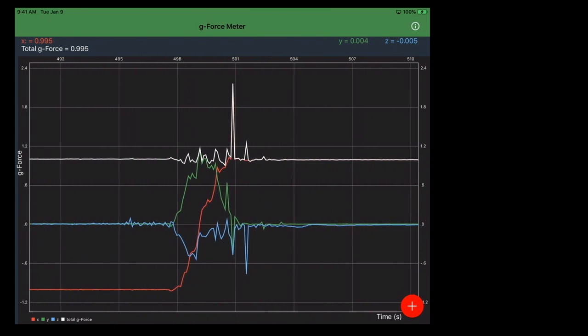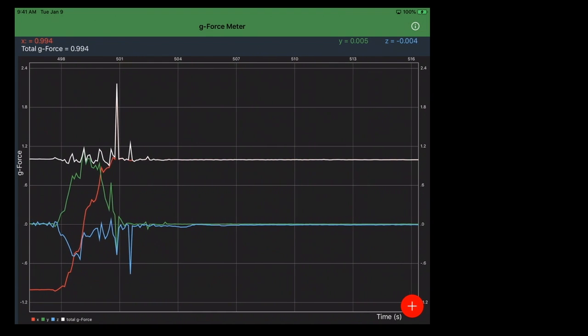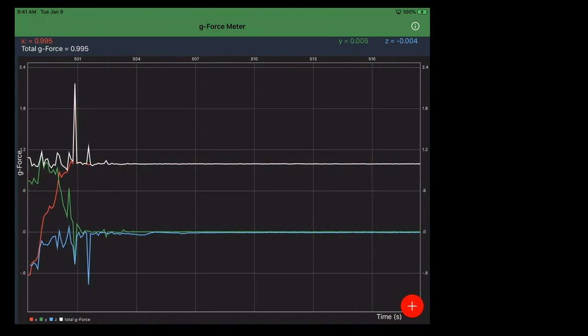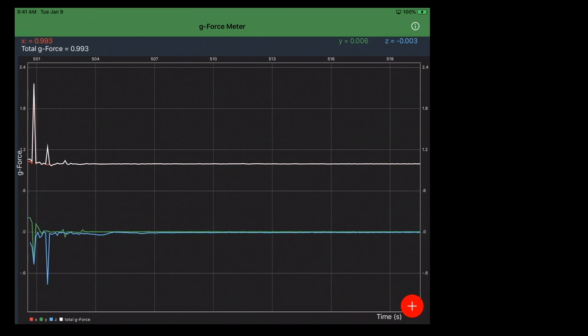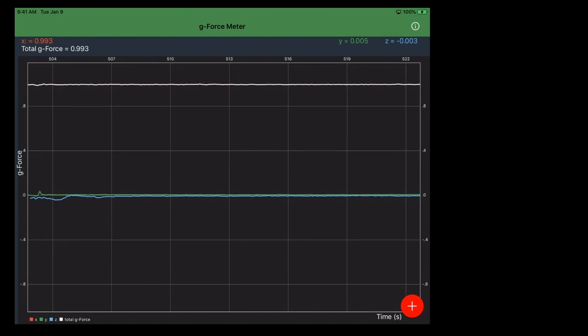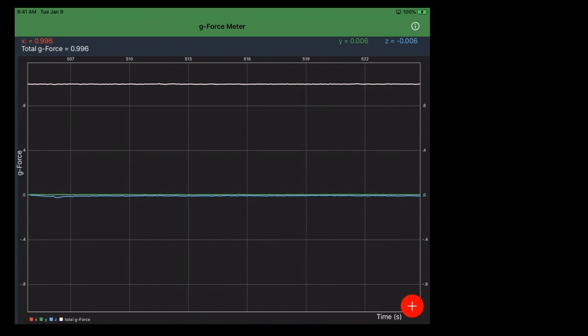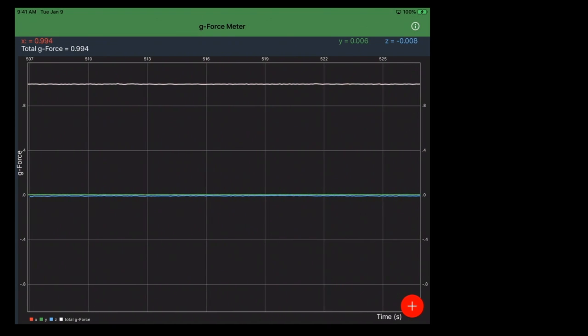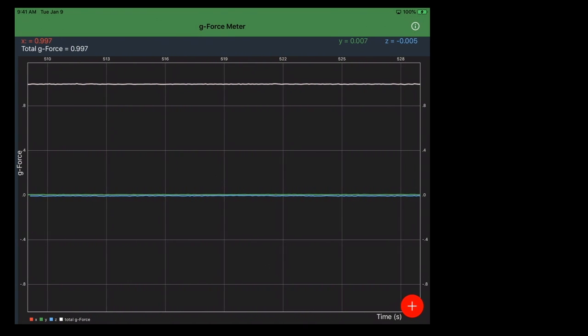Notice that the red now is underneath the +1 total gravity white line because it's experiencing plus 1 gravity. The green and the blue y and z axes are reading 0.